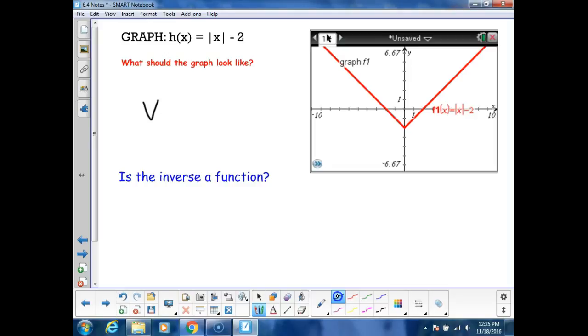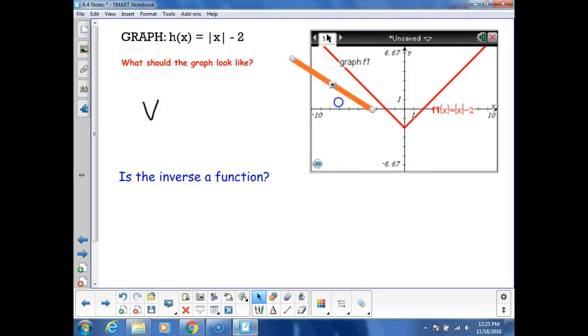Is h of x a function? H of x is a function, right? Because it passes the vertical line test. Okay?